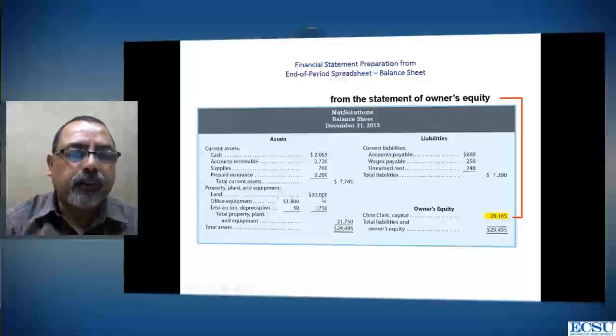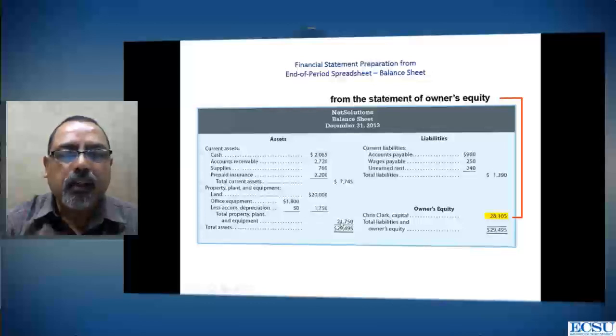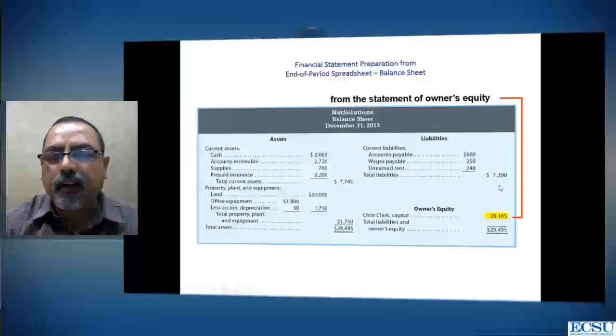The land would be 20,000 and office equipment is 1,800, and there is a depreciation of 50, so we subtract and get a net amount of 1,750, and the total will be 21,750. That's 20,000 of land and office equipment of 1,750. That will give you a total asset of 29,495.